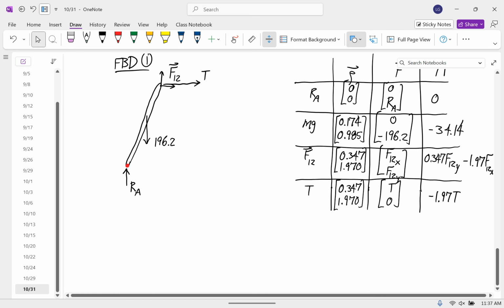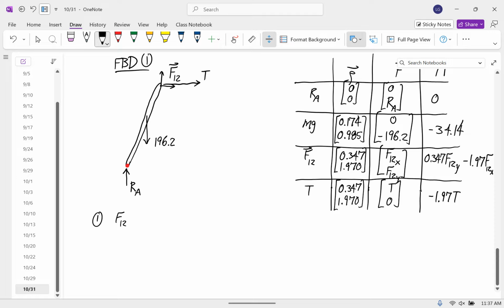Okay, so the first 3 equations. The first one says F12x plus T is equal to 0. The second one says RA plus F12y is equal to positive 196.2.